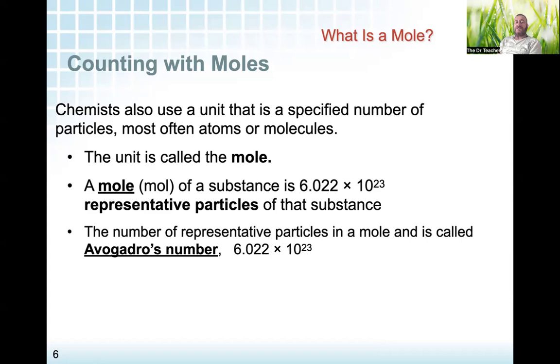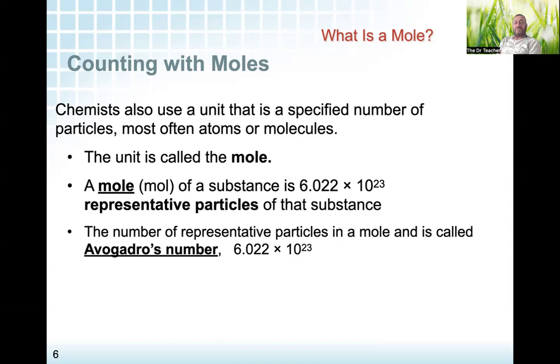And a mole, MOL, is the short form of it. A mole of a substance is 6.022 times 10 to the power 23 representative particles of that substance. So this is the mole. Inside the mole we have the Avogadro number, which is 6.022 times 10 to the power 23.